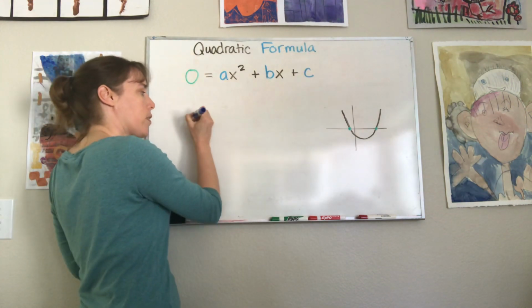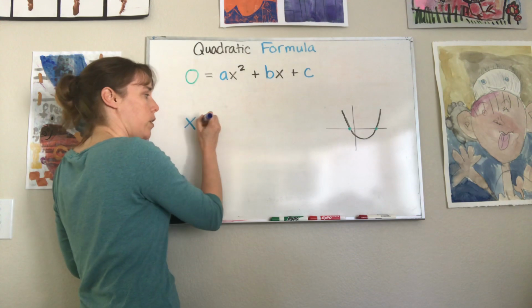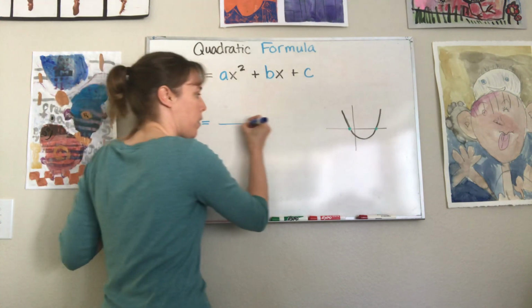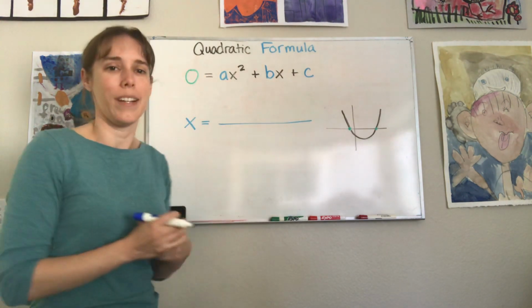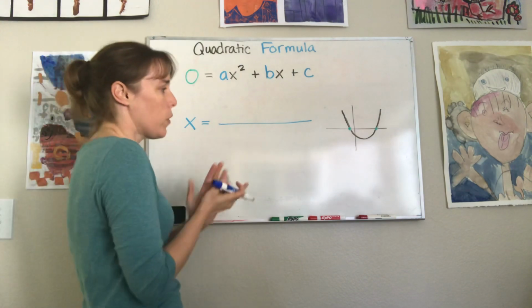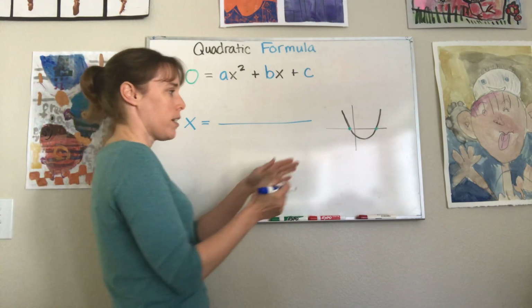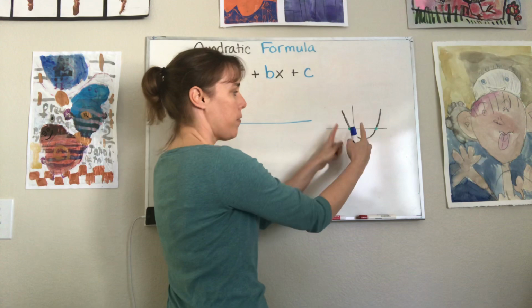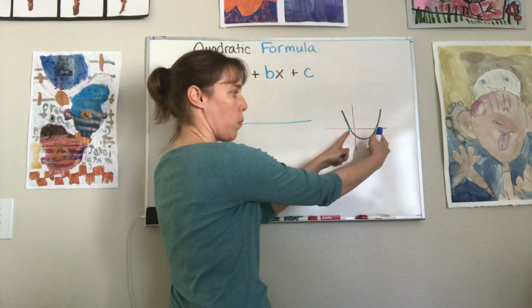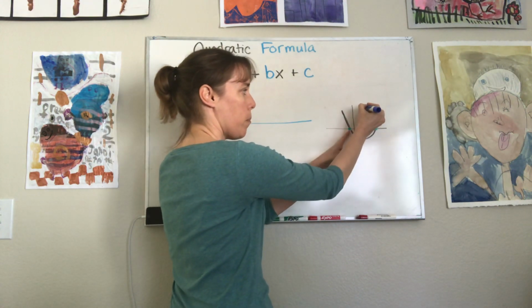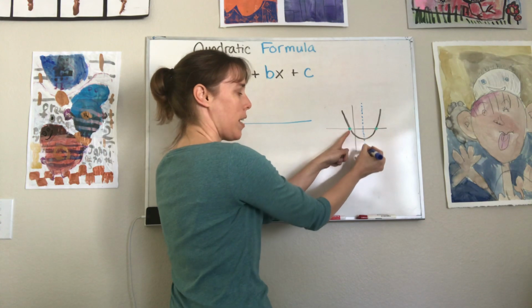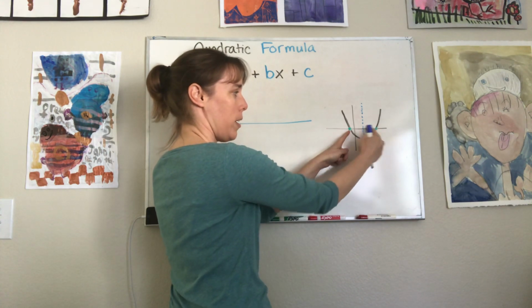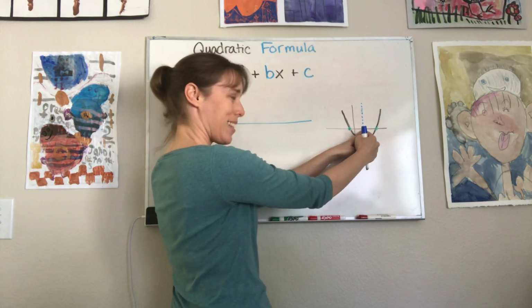So if we're looking for the x value, there's going to be this big long formula, all right? It starts with this idea that I'm going to find two x values, one here and one here. Both of them are the same distance away from the axis of symmetry.